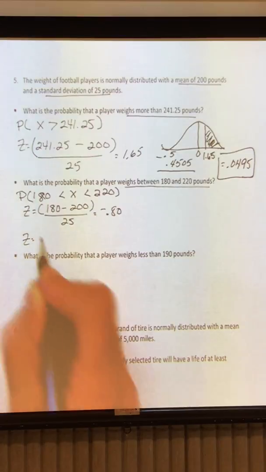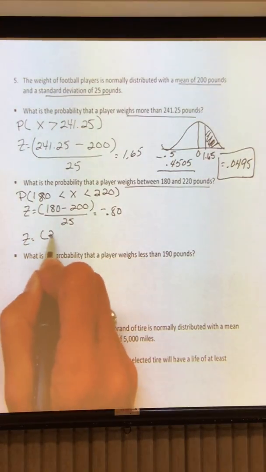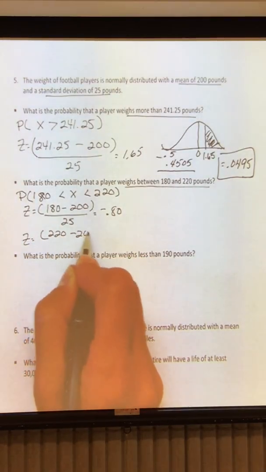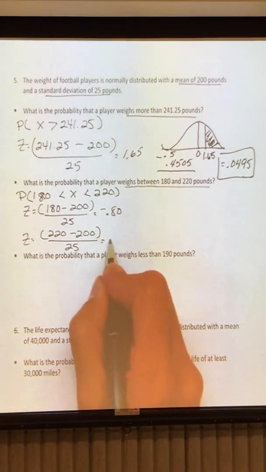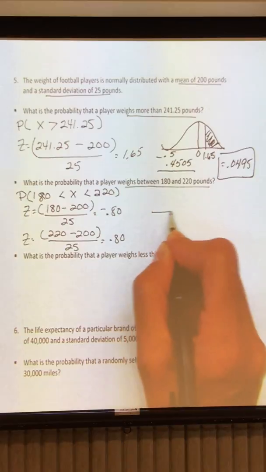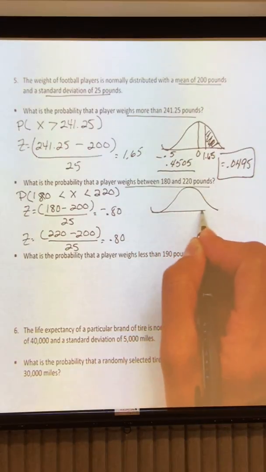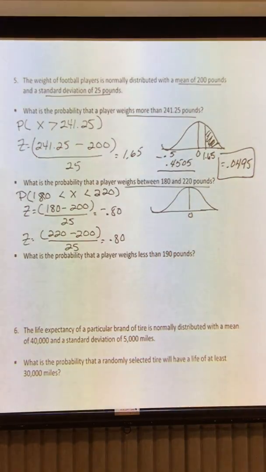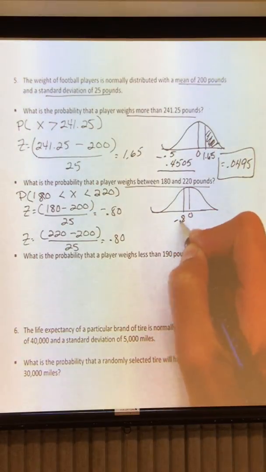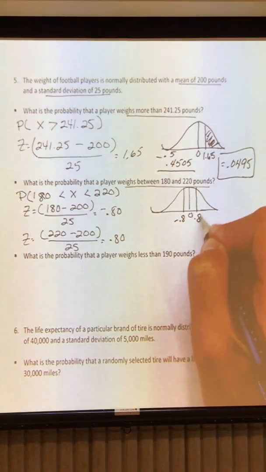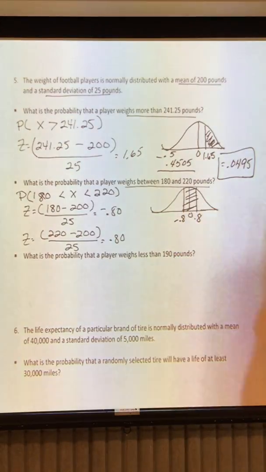And the z-score for 220 is 220 minus the mean divided by the standard deviation, and that is equal to 0.8. So drawing your graph, you have the middle is 0, and the area is from negative 0.8 to positive 0.8. And you want the area in between.